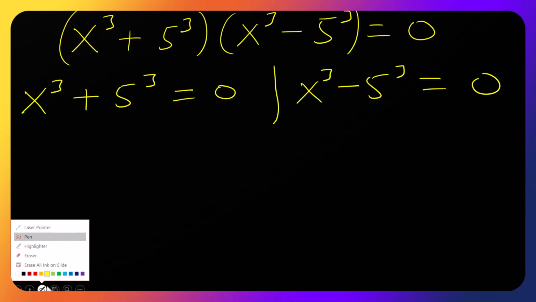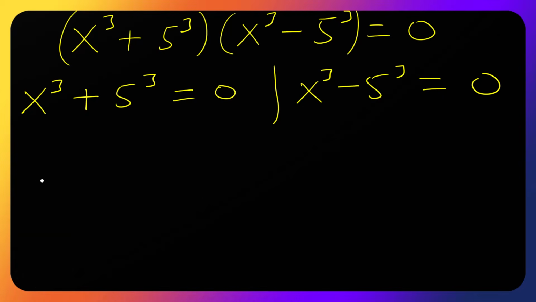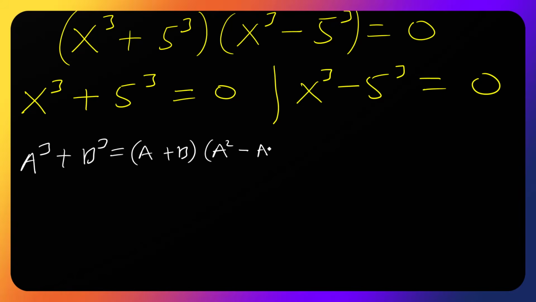Now, following the sum and difference of cubes, when we are given a cubed plus b cubed, it is the same as a plus b times a squared minus the product of a and b plus b squared.